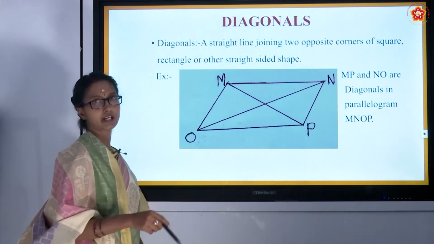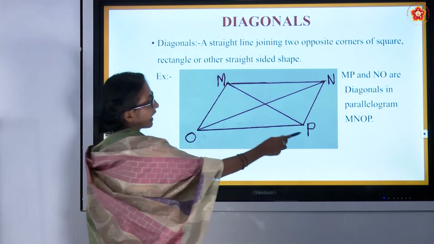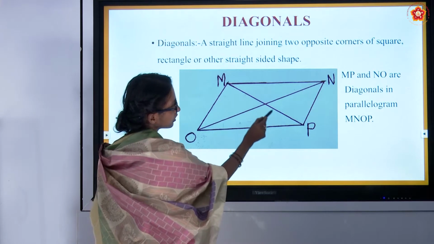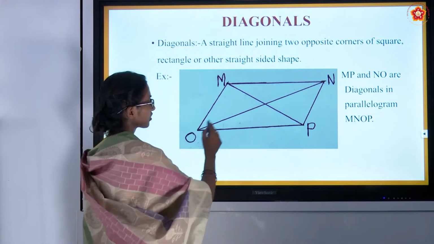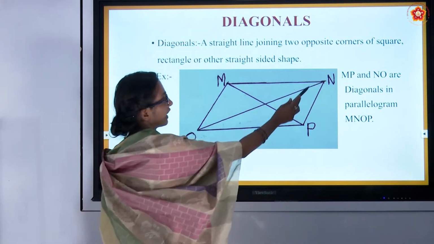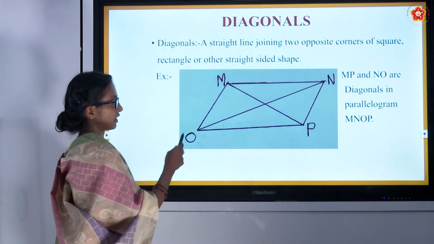MNOP is a parallelogram in which angle M and angle O are joined by a line. You can see this, right? Angle N and angle P are also joined by this line. So MO and NP are diagonals in parallelogram MNOP.